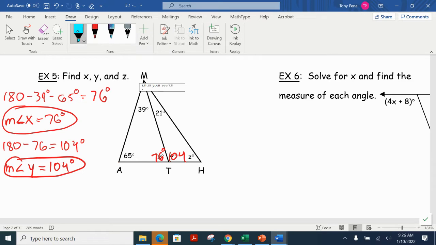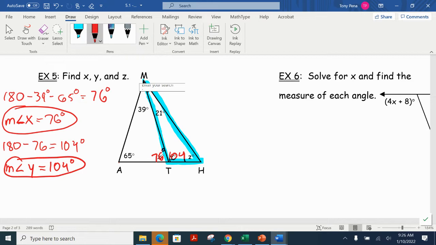And again, you're going to see this in all kinds of different ways. So once we know that angle, let's look at the triangle right here. Don't we know this angle is 21? This angle is a 104. All three of those have to add up to be 180.